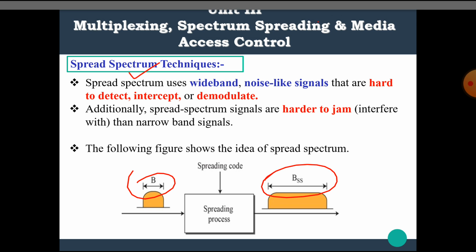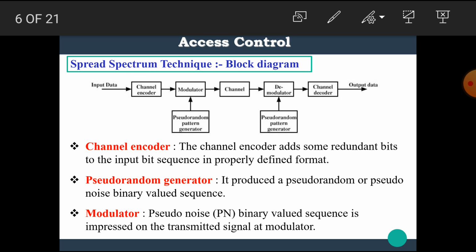Now let's see the basic spread spectrum technology block diagram. In this block diagram we can see that this is the transmitter block and this is the receiver block. In the transmitter there are a number of blocks such as channel encoder, modulator and pseudo-random pattern generator.